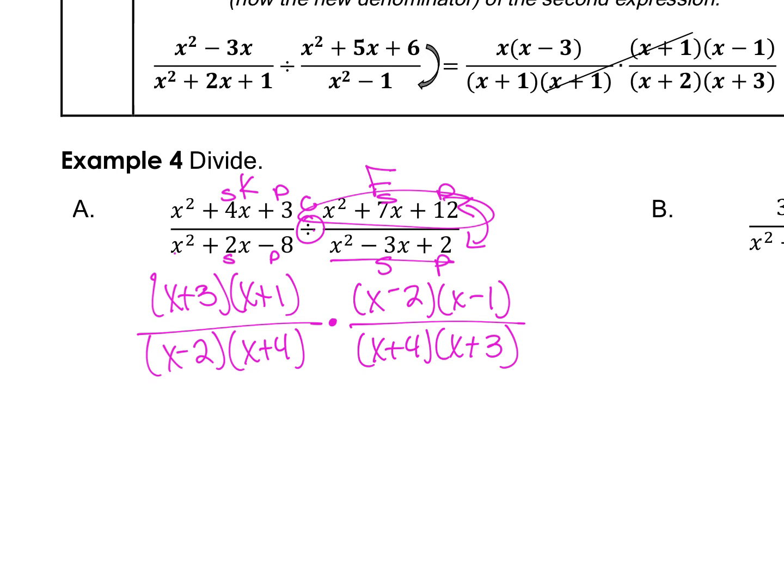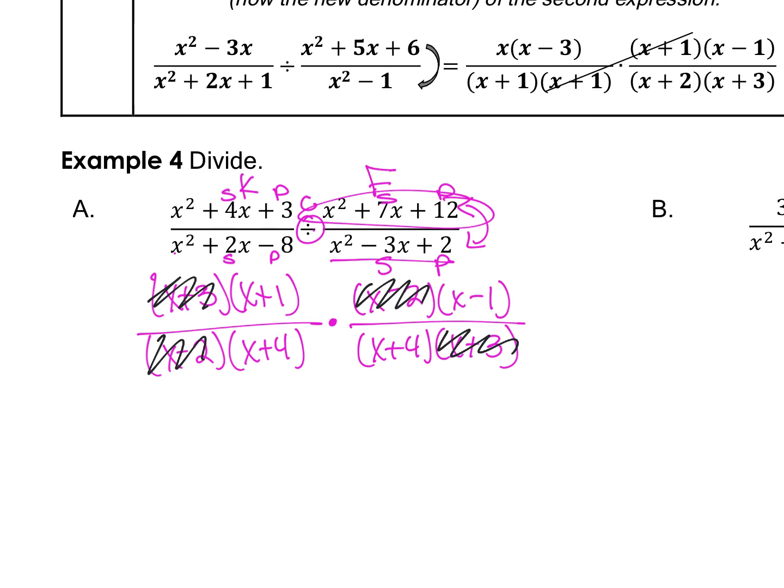All right, so I need to look and see if I can simplify by marking and canceling terms out. So notice I have an x plus 3, an x plus 3. Notice x minus 2, x minus 2. And that's it.